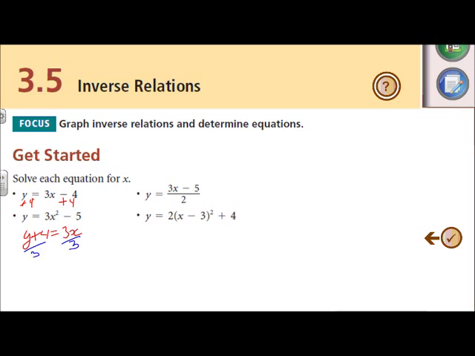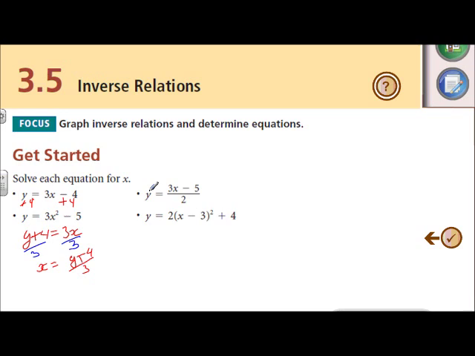So we get now x equals (y plus 4) over 3. And we're going to leave it like that at this point right now. And we can say the original one, we multiplied by 3, then we subtracted 4. Now we're doing the opposite. We're adding 4 and dividing by 3.